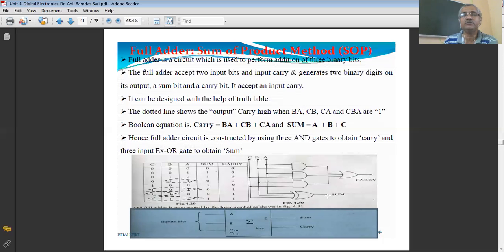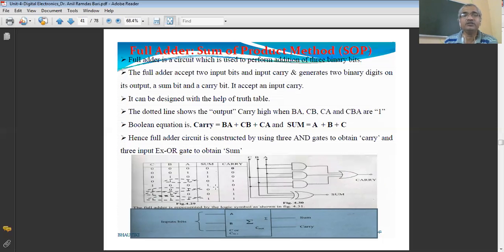So the sum is 1, because this is the exclusive OR. But what is the carry? Because A is 0, B is 0 and C is 0. So the product is 0, and therefore the carry is 0. And therefore for this third condition, sum is 1 and carry is 0.